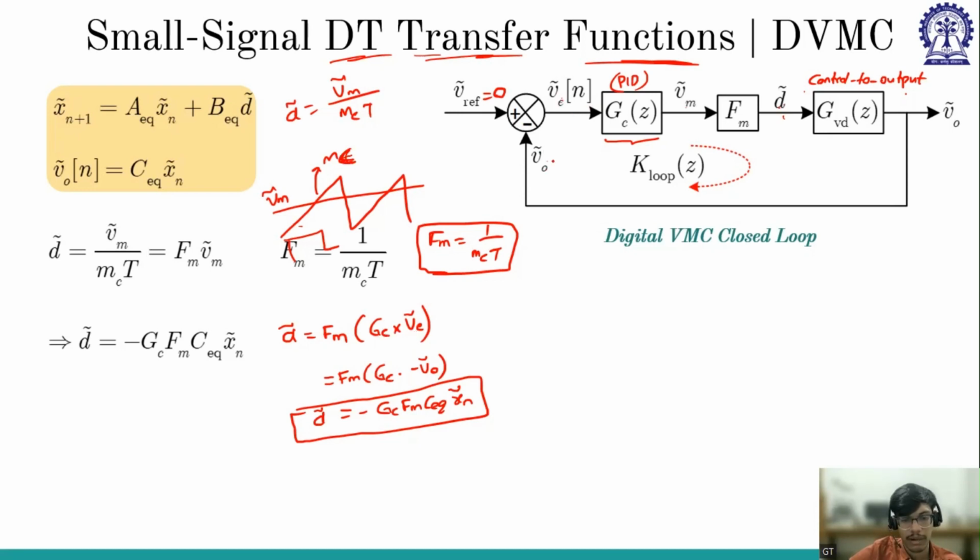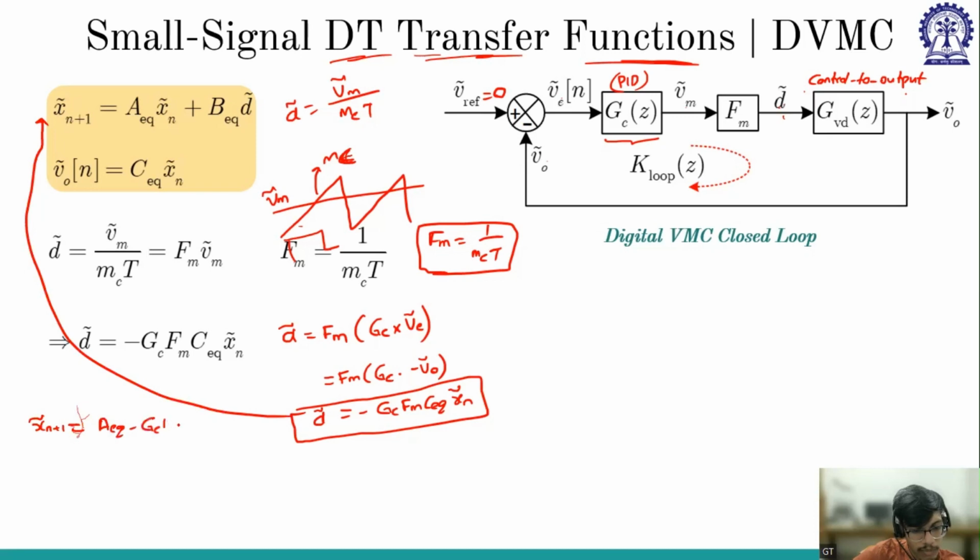Okay. So then I got VM in terms of VE, which is GC into VE. VE is nothing but minus V0, and V0 is C equivalent into XN perturb. So now I can substitute this all the way in the first equation. So I'll get XN plus 1 perturb equal to A equivalent minus GC FM C equivalent into XN perturb, right? This is my final expression. You agree?